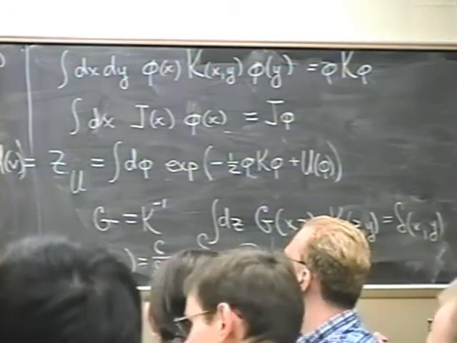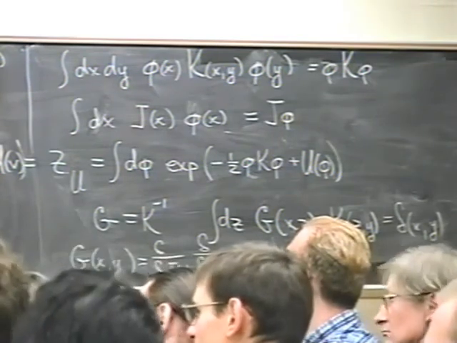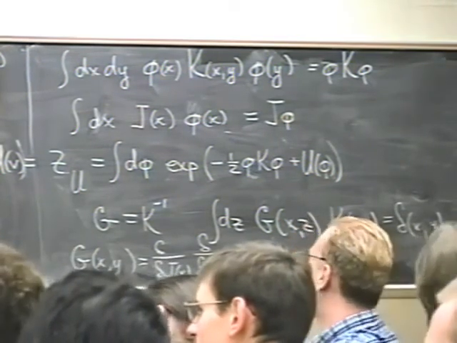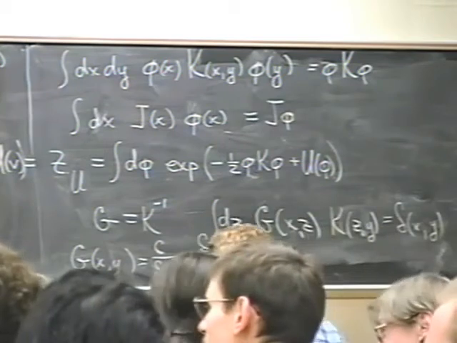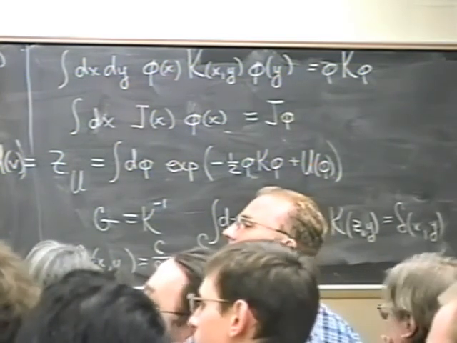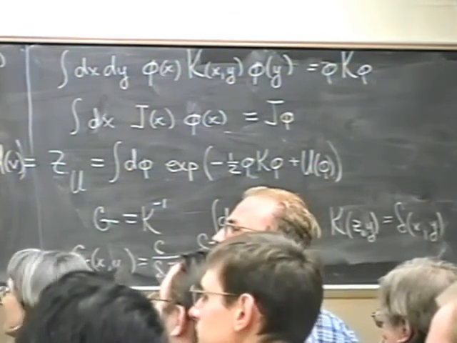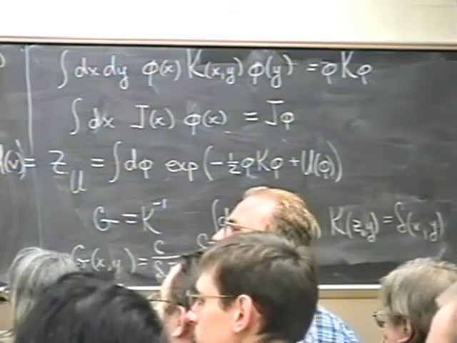I think the easiest thing is to think of it as a distribution. The result is a distribution. Think of the whole thing as the integral of dx times the test function times delta over delta j of x. That operator operates on f of phi.